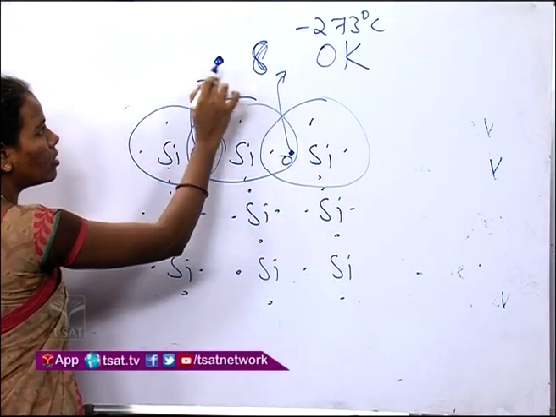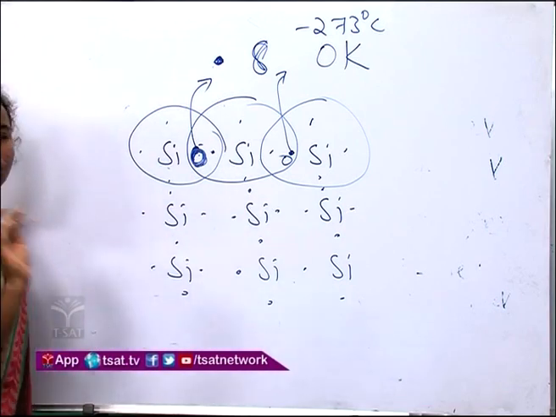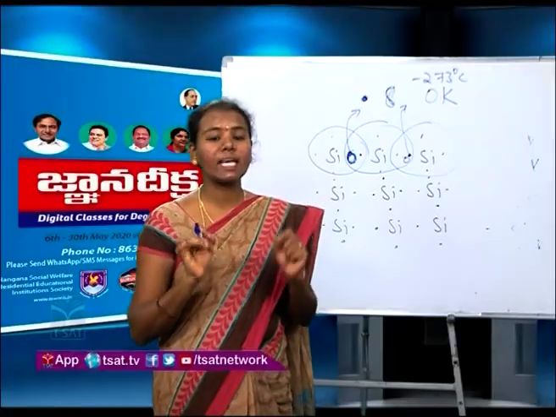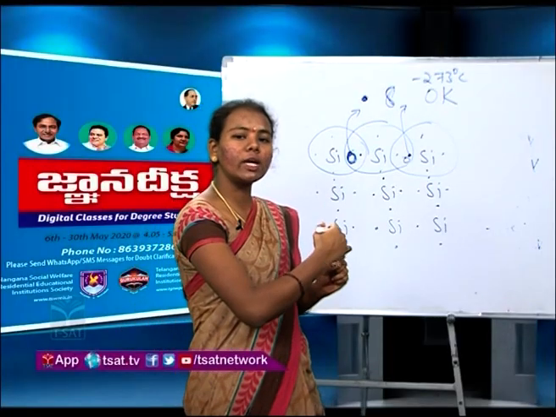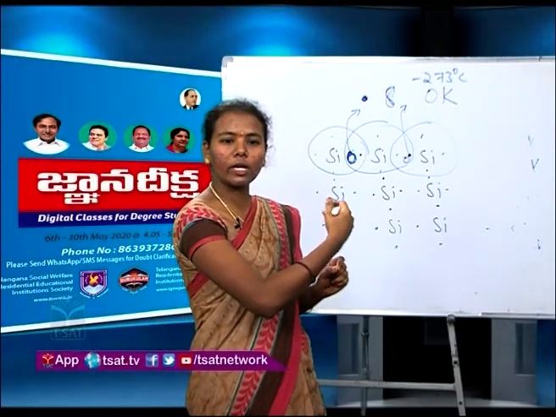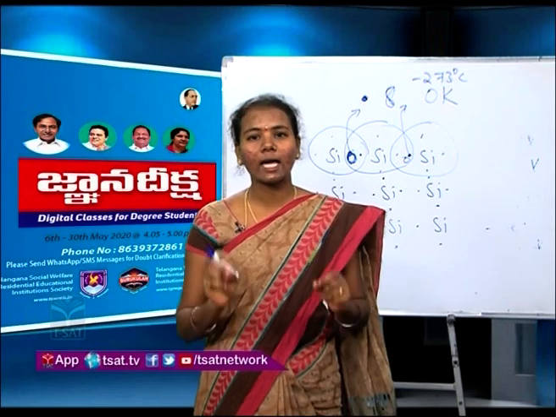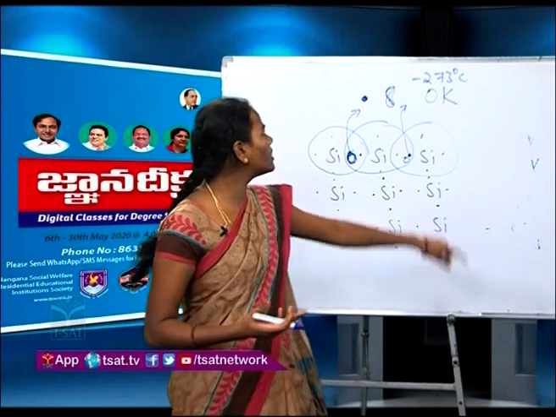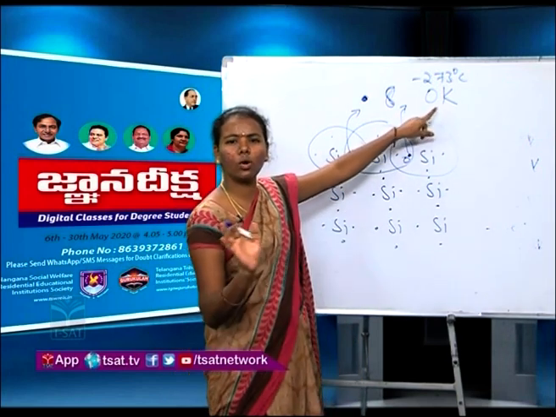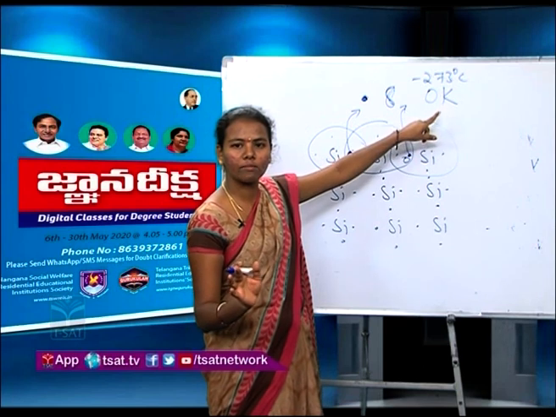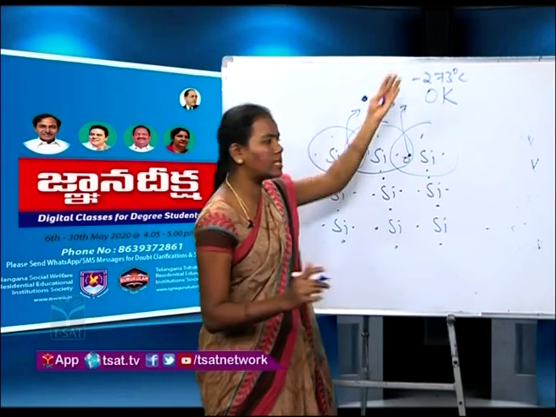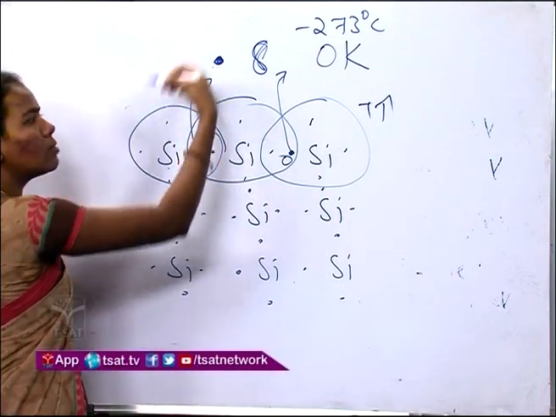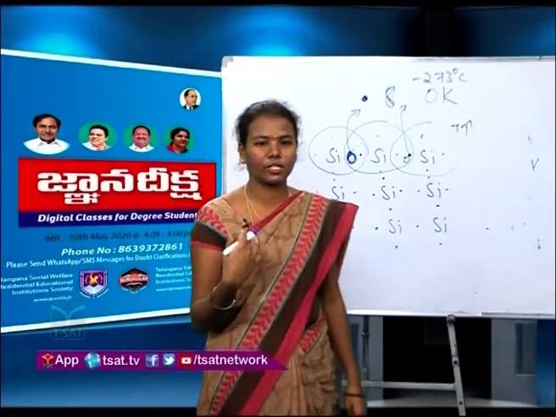So the number of electrons will be equal to the number of holes in an intrinsic semiconductor, and this electron moving out of the covalent bond happens when the temperature is increasing. At 0 Kelvin, there are no free electrons and free holes. When the temperature increases, these electrons move out and go for conduction.